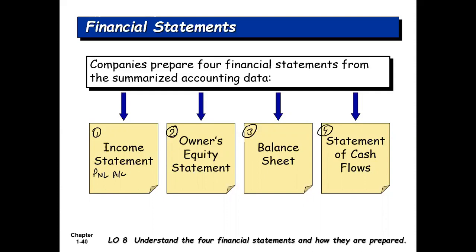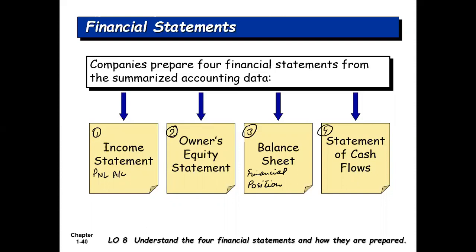Then we have the owner's equity statement, which can be a statement of shareholders' equity, depending upon the business, or maybe a partner's equity statement. And then we have the balance sheet, which is sometimes called a statement of financial position, right? So statement of financial position can also be a name given to the balance sheet.